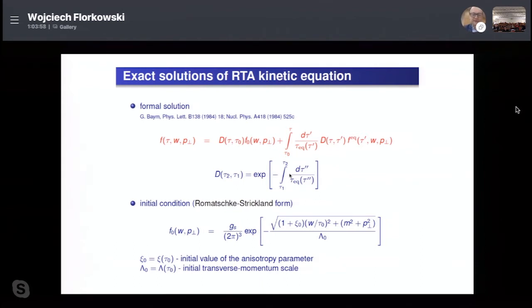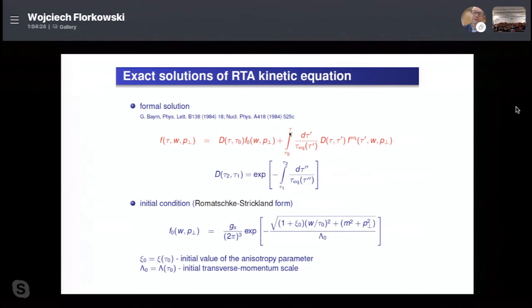This is done using the Romatschke-Strickland form. Actually, this form is also the basis of anisotropic hydrodynamics, where we say that this form is a good approximation for the distribution function during the whole evolution of the system. But in this case, we use the Romatschke-Strickland anisotropic distribution as the initial distribution function f0.